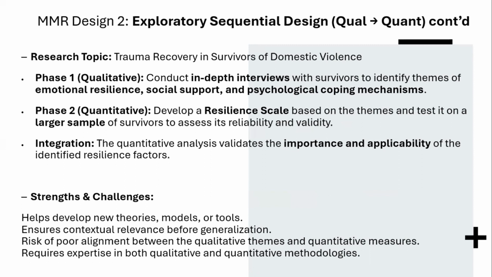So let's take, for example, somebody who wants to research trauma recovery in survivors of domestic violence. The person can first of all do a qualitative study on how people who have experienced domestic violence went through their recovery process.